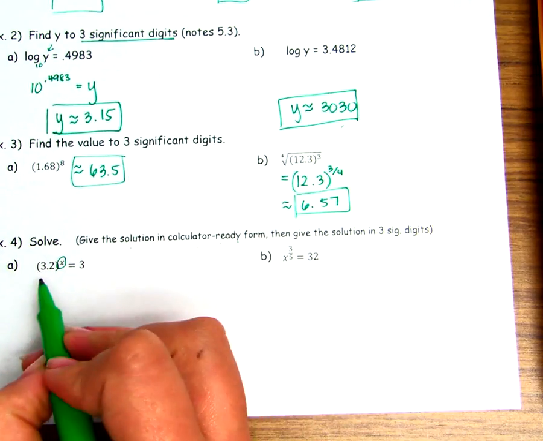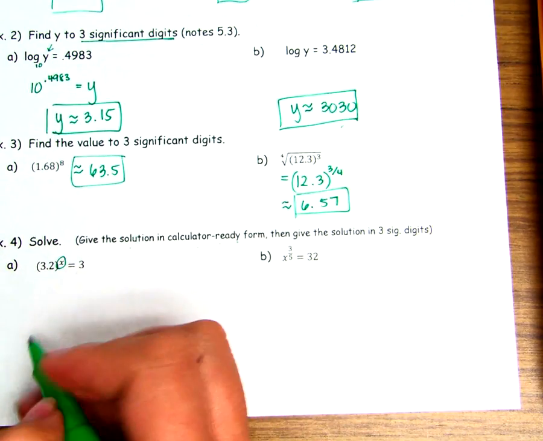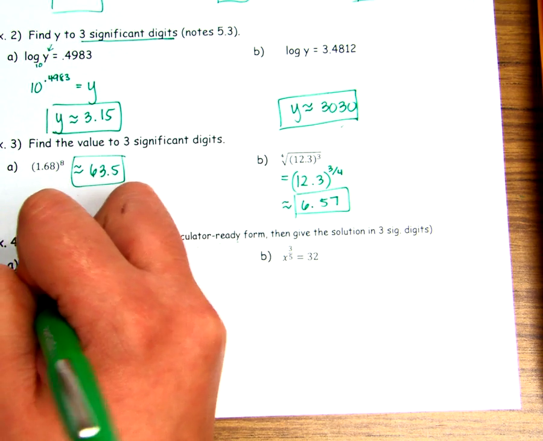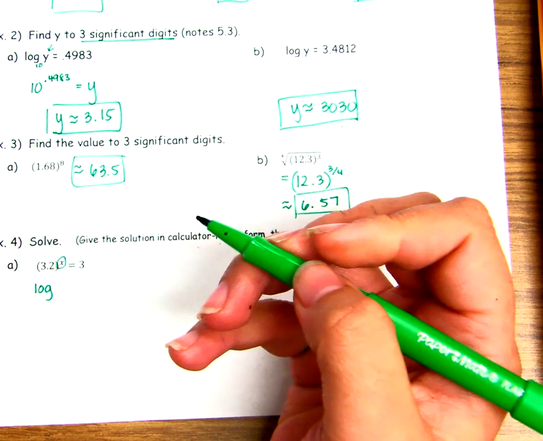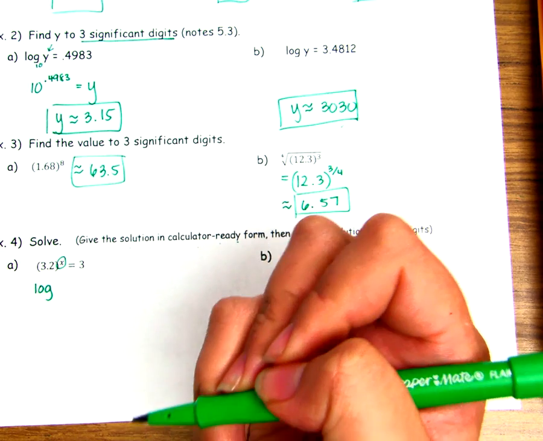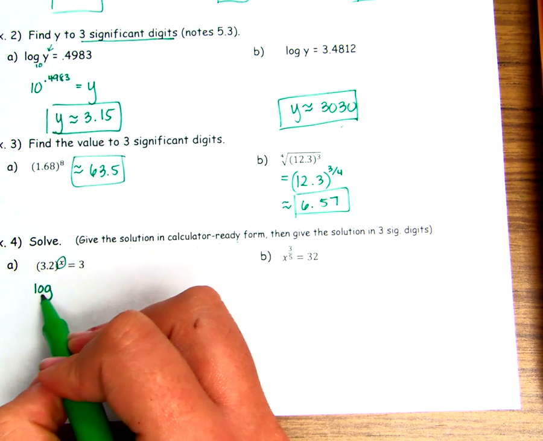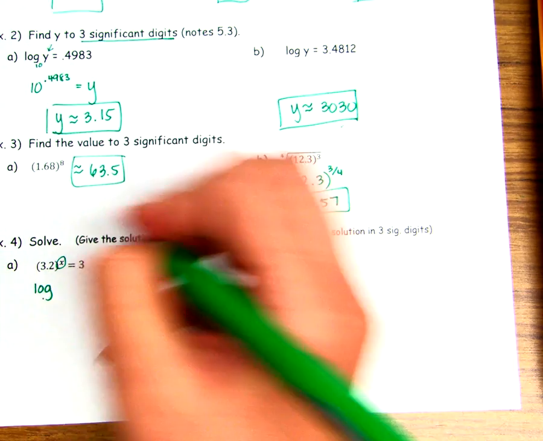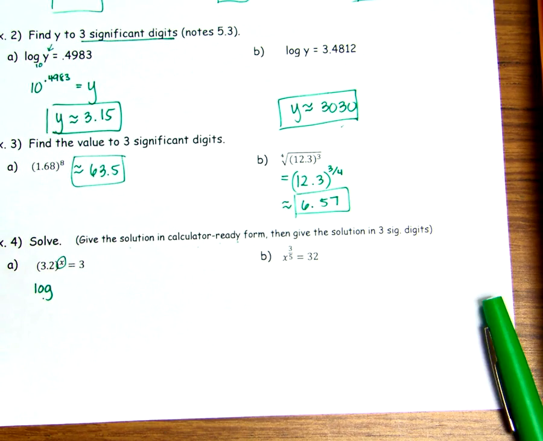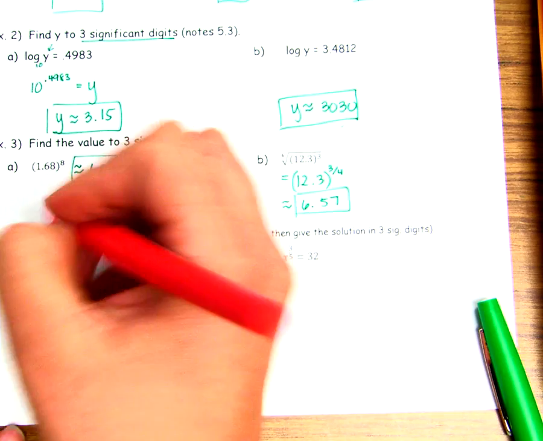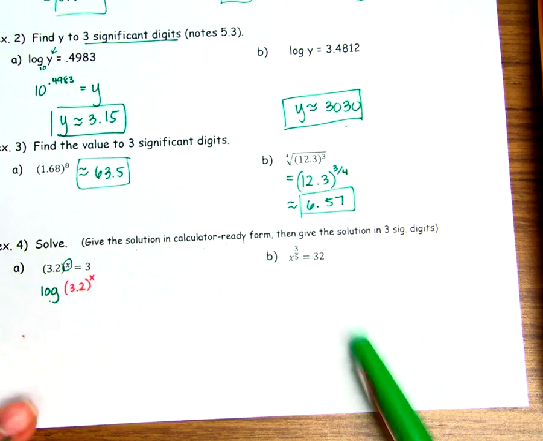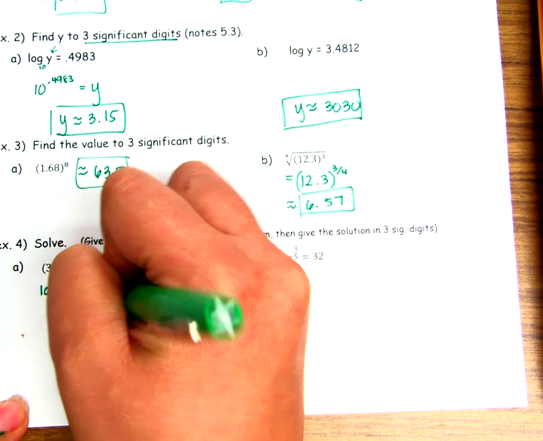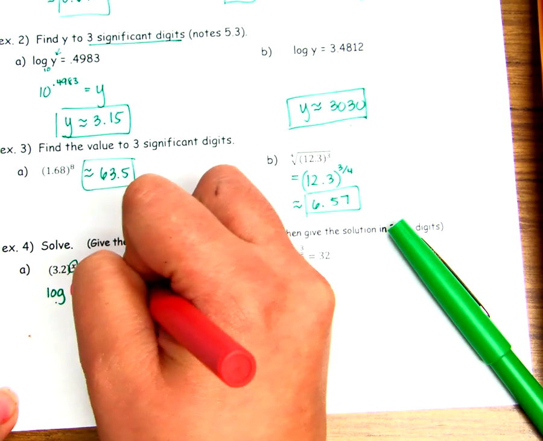So in this case, if exponential form is not helping, I'm going to go ahead and turn it into log form. What I'm going to do is choose a log of base 10. So I'm going to take log on both sides. So what I really have is log of 3.2 to the x equals log of 3.